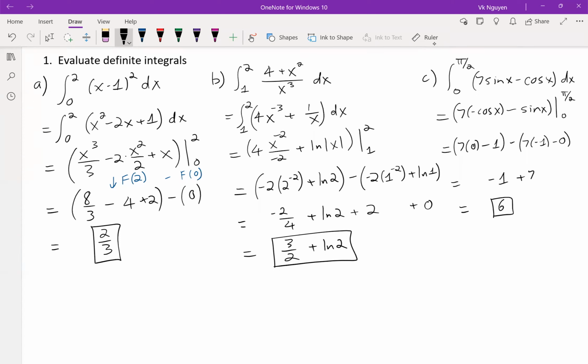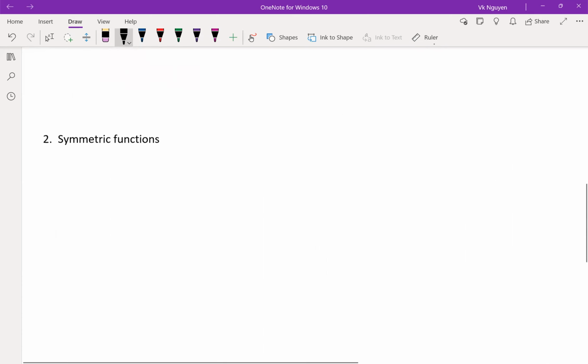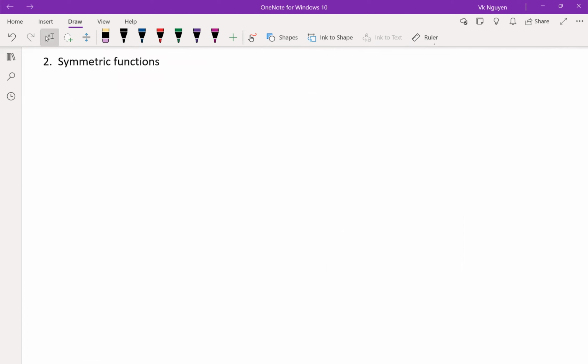There are some functions whose integral we can quickly evaluate, given that the function is symmetric about the y-axis. F of negative x equals f of x.